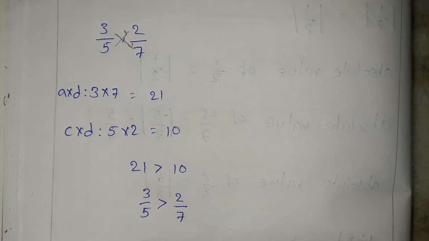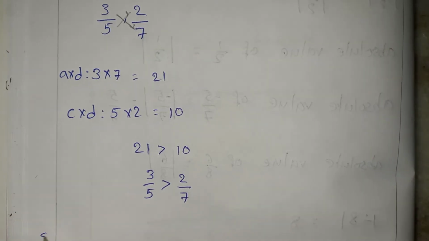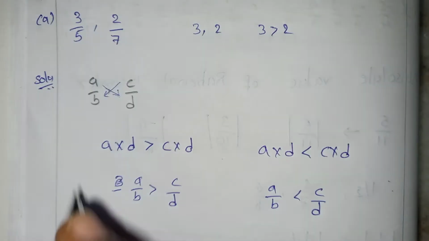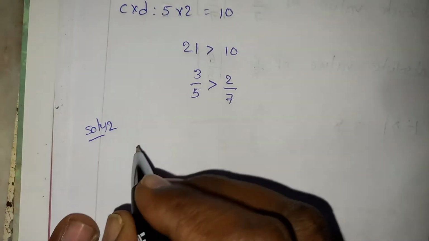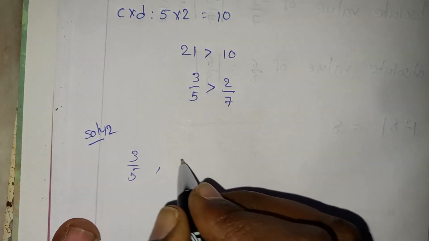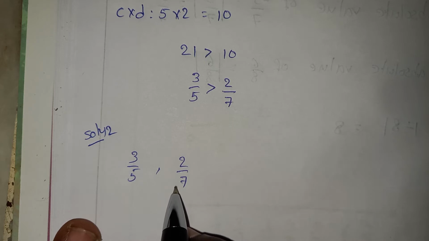This is one format. Now I'll explain another solution for the same question. This is the first solution and this is the second solution. In this second solution, 3 by 5 comma 2 by 7, take the LCM of these two numbers.